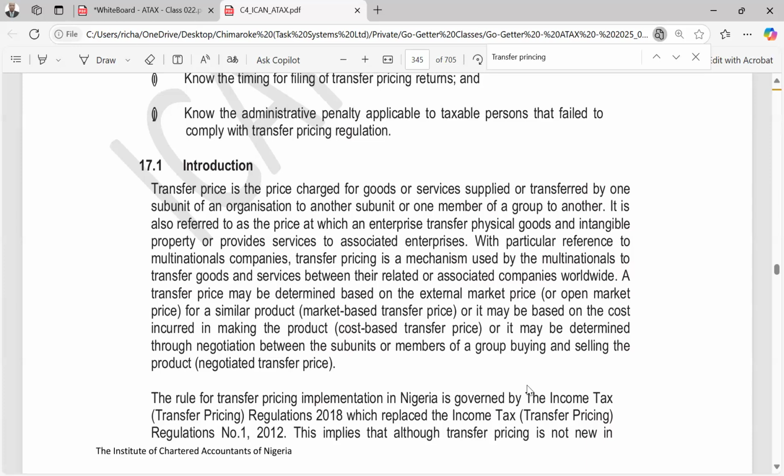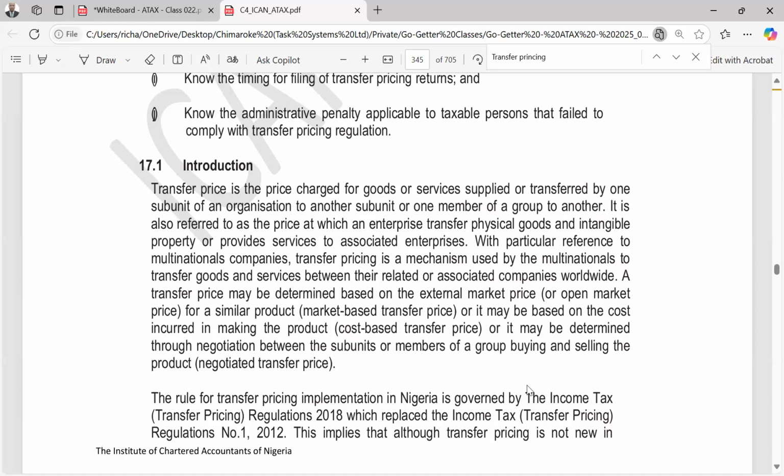An example of associated enterprises could be, let's say, FCA and Go Getter. The fact that one person is a director of those two companies shows them to be associated or related parties or associated enterprises.